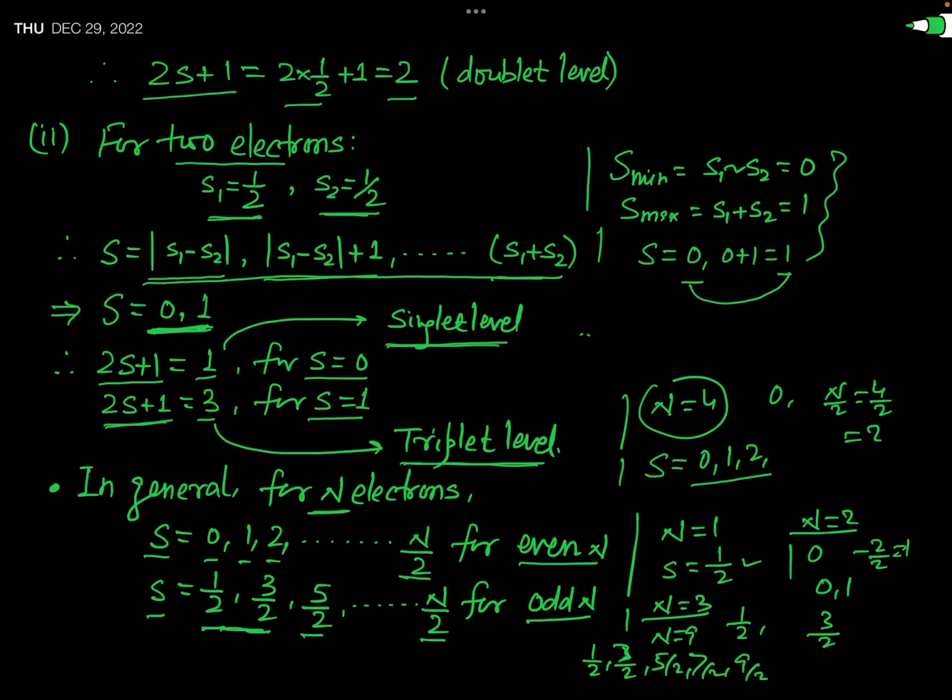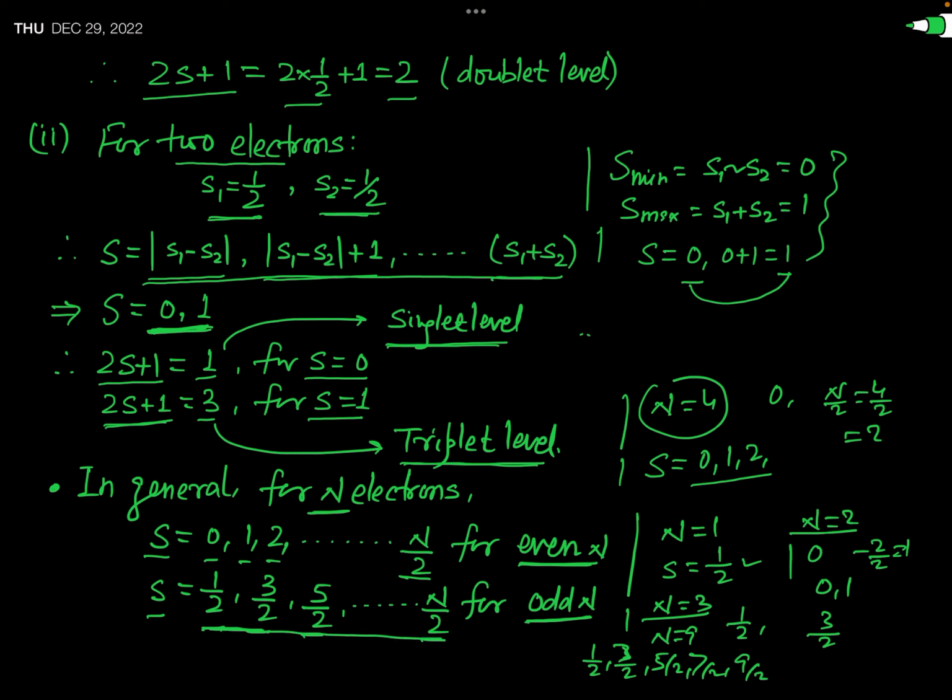One thing here is very remarkable, that in case of an even number of optical electrons, S has integral values. You can see S equal to 0, 1, 2, 3, and so on up to n/2. These are integers. And if n is an odd number, that is, the total number of electrons is odd, then S has half-integral values.